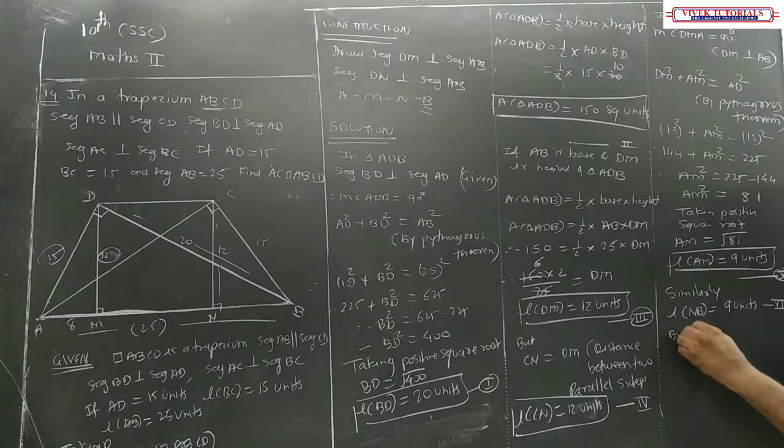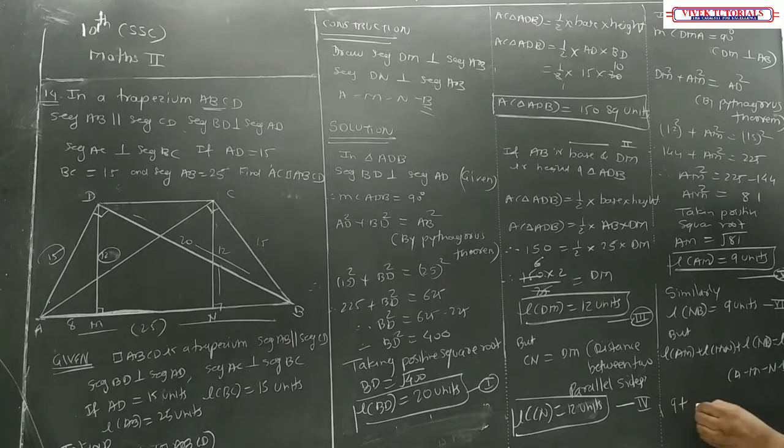But length AM plus length MN plus length NB is equal to length AB. A, M, N and B are collinear points. So what is the value of AM? 9 plus MN plus 9 is equal to 25.